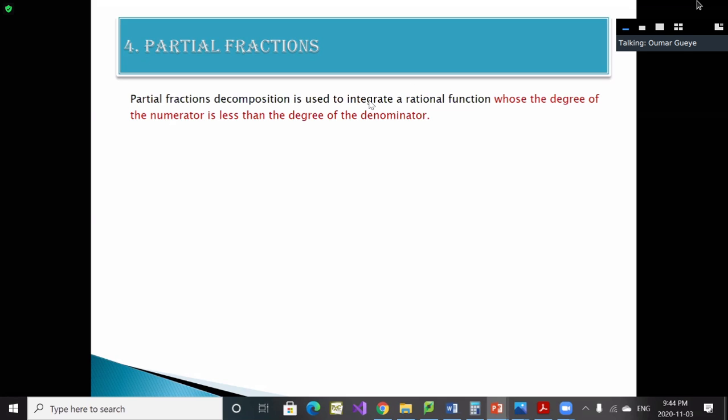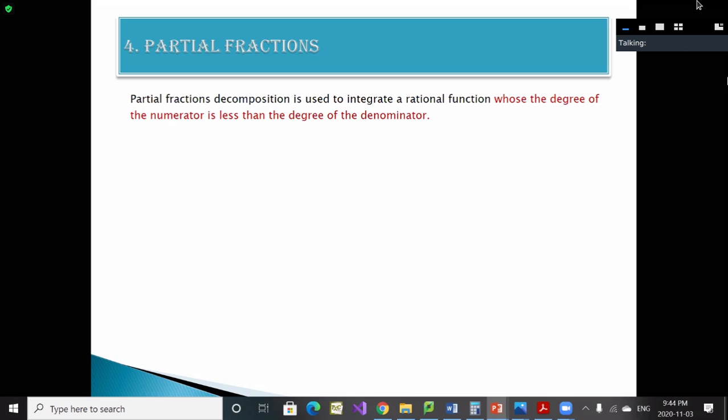So basically, you have two conditions that need to be satisfied. The first condition is that you have a rational function. That's why earlier I defined what we mean by a rational function. If you don't have a rational function, don't try to use partial fractions decomposition.